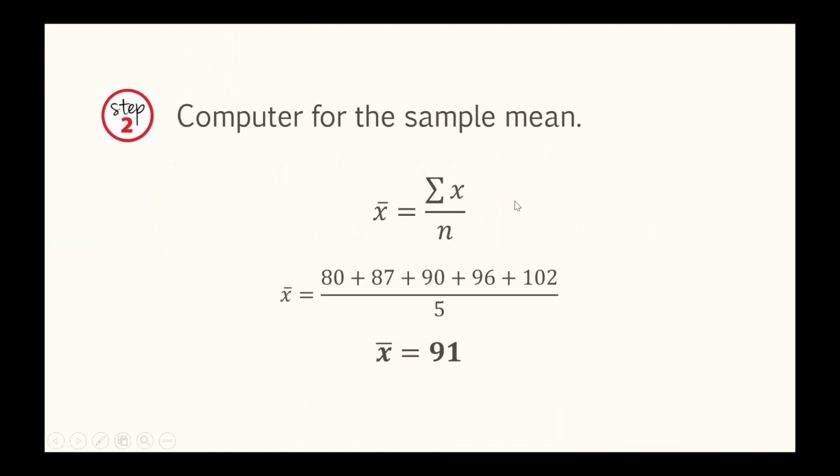All we have to do is to get the summation of x, or the observations given in the problem, divided by n, or the number of observations. We have 80 plus 87 plus 90 plus 96 plus 102 divided by 5. Using your calculator, the sample mean is 91.